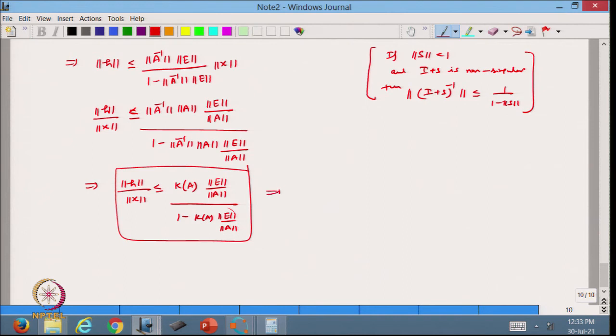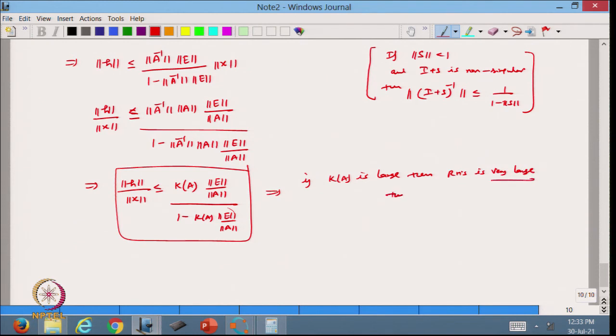So, it implies that if the condition number of the matrix is large, then the right hand side is very large.